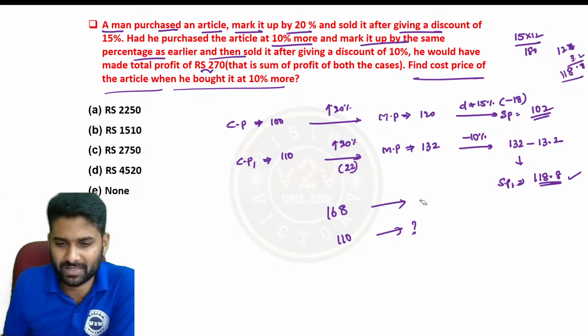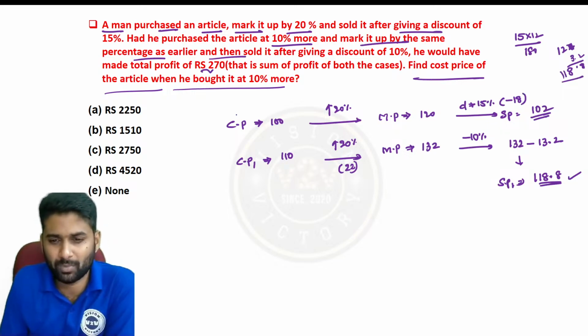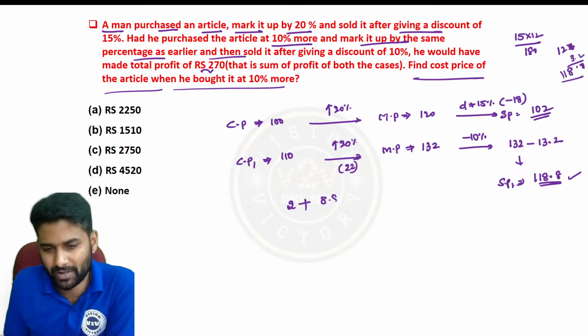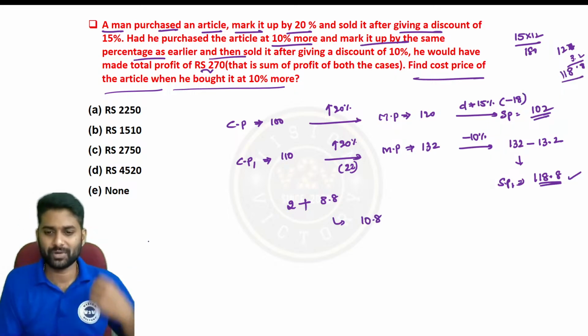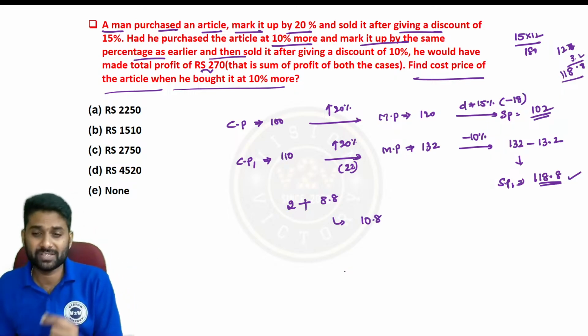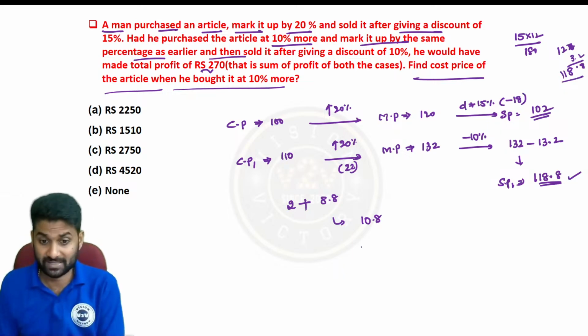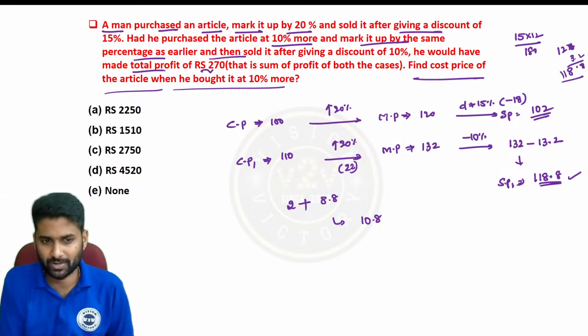Guys, this is not a comparison. See, I just made one mistake here. Now they mentioned that he would have made a total profit. See, total profit means initially 2 units of profit, later 8.8 units of profit. Total profit is 10.8. Sometimes you can expect that the new profit is more than the old profit. That is one comparison. Here it is total profit. I missed this point.